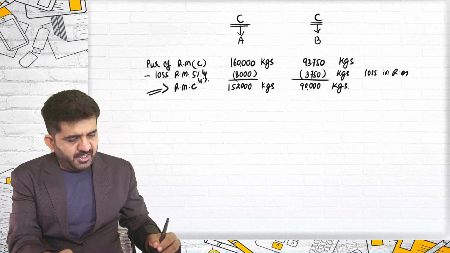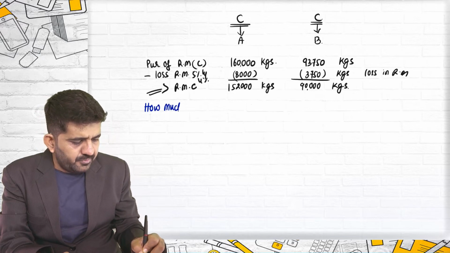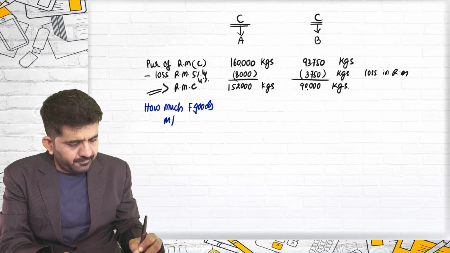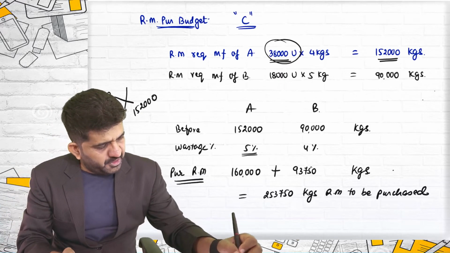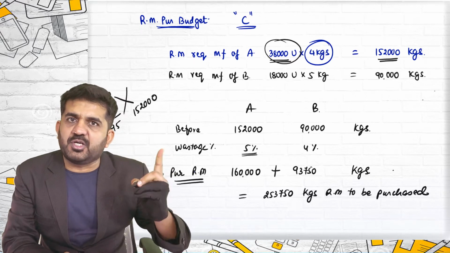From 1,52,000 kgs, how much finished goods will be manufactured? Now, what is the rate of finished goods? 4 kgs. In 4 kgs, you can manufacture 1 unit.